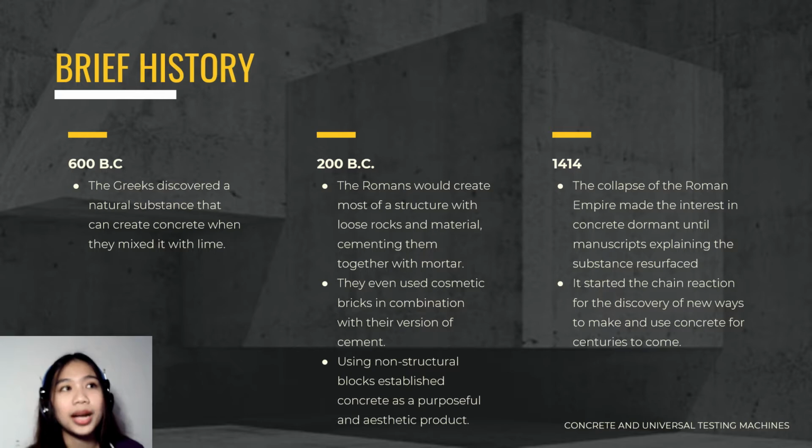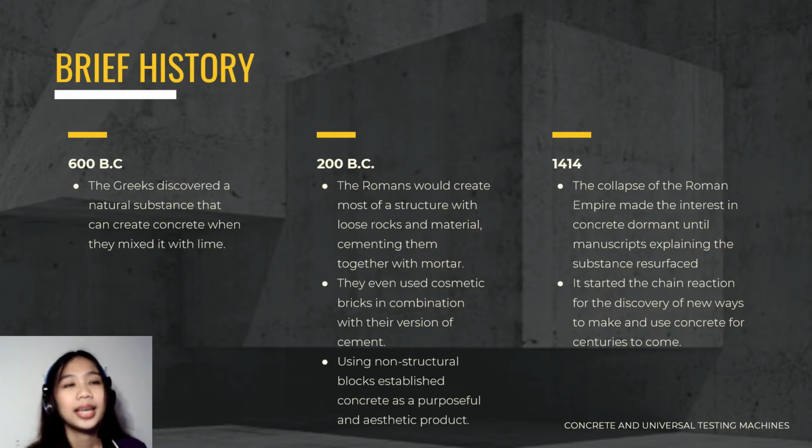That is why their structures were beautiful and durable at that time. They also used cosmetic bricks in combination with their version of cement, and non-structural blocks. Their structures were beautiful because they used concrete as an aesthetic product and for design.